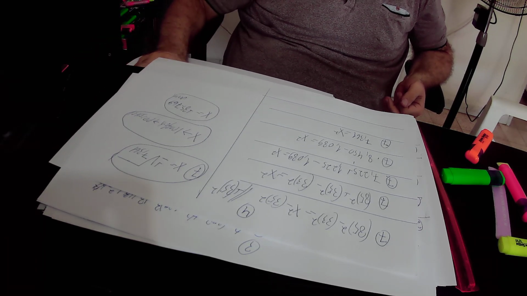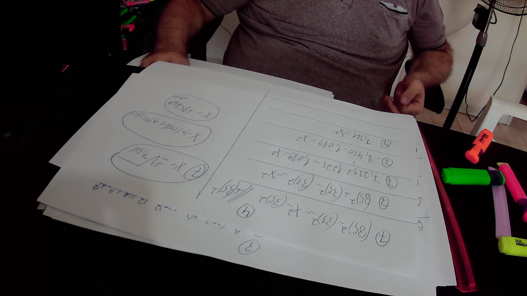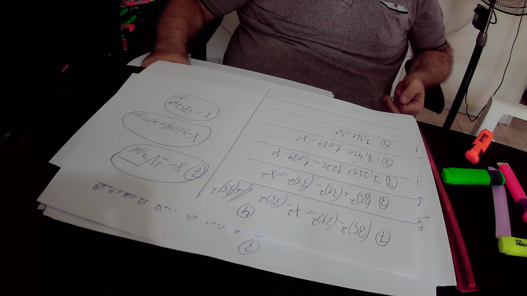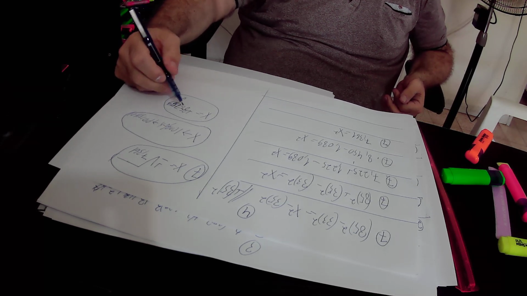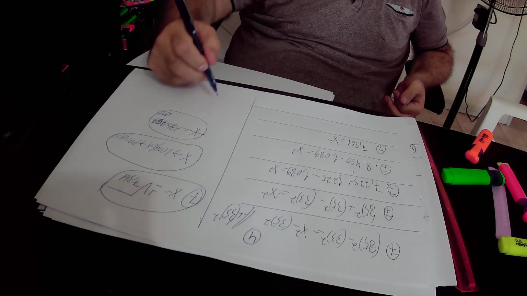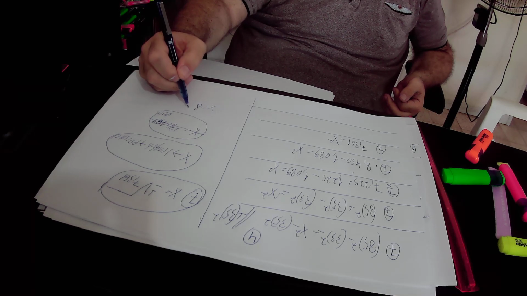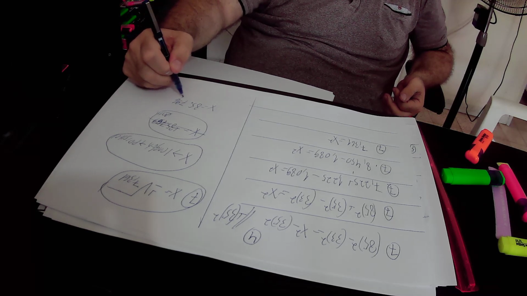The square root of 7,361 equals 85.796. Again, x equals the positive, plus 85.796 units.